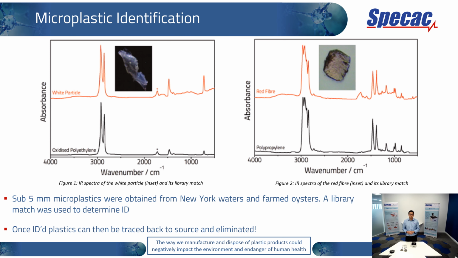So for the first time in history, these microplastics are being found in the blood of humans, which was never reported before, and it just highlights the seriousness of this particular issue. And this is why SpecAC and our customers really need to collaborate and promote this sort of identification to stop harming the environment and also the health of consumers, so ourselves essentially.